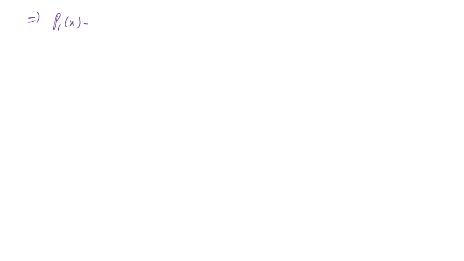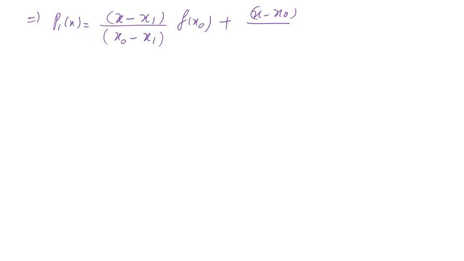Where L0 is (x minus x1) by, in the denominator, replace x by x0, multiplied by f(x0). And L1 is (x minus x0) by, replace x by x1 in the denominator, times f(x1).